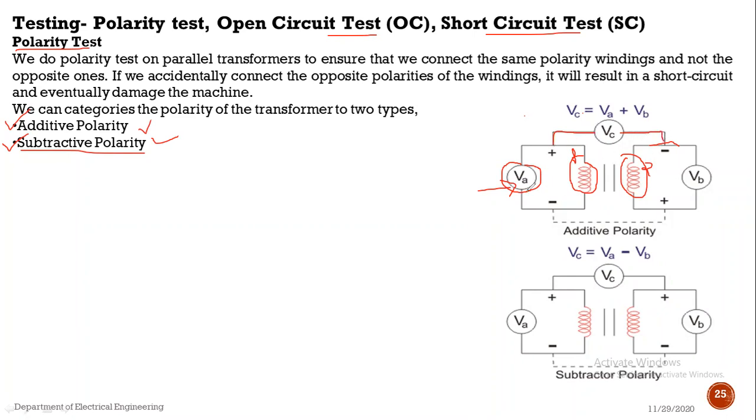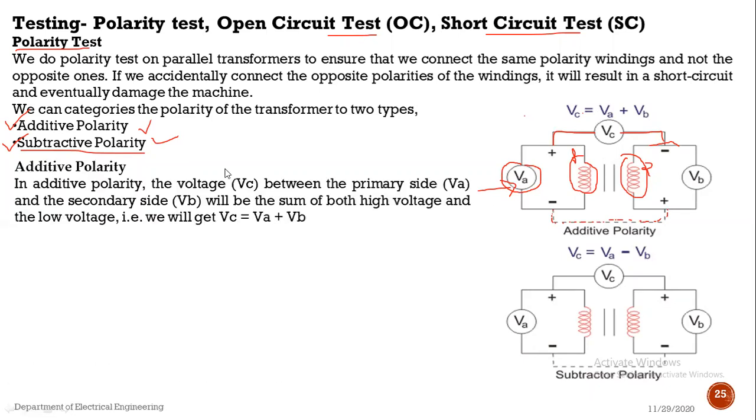Okay, so see why it is called additive polarity. In these two windings, we are connecting one voltmeter, and the other two terminals are directly connected, that means directly short circuited. याच्यामध्ये direct connection आहे आणि या दोन्हीच्या मध्ये one of the voltmeter connect केलेलं आहे. In this test, when supply is given to the transformer, some induced voltage will be present on the secondary side.